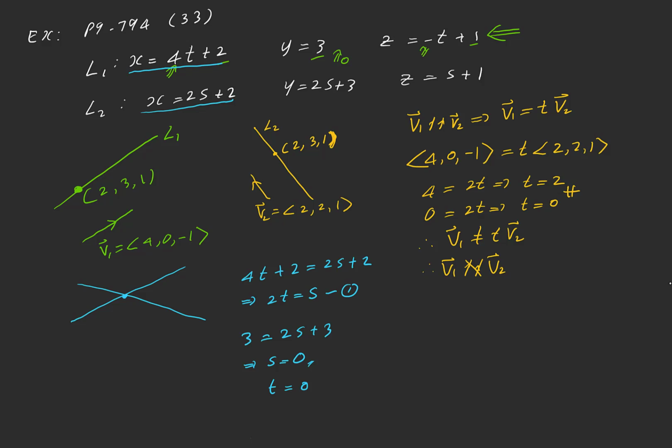Now we check the third one. What is the third one? We see negative t plus 1 equals s plus 1. Now we plug in s equals 0 and t equals 0. Once we plug in these values, this equation is satisfied: 1 equals 1.